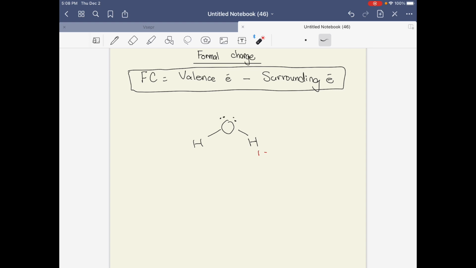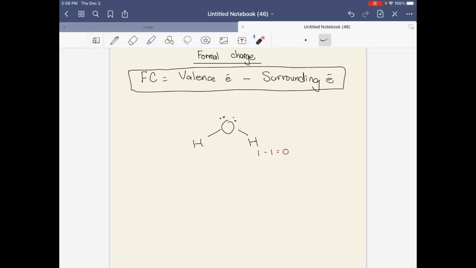But for formal charge analysis, we're going to count these bonds as one. So hydrogen is surrounded by this one electron right here. So this is going to be 1 minus 1, and that equals 0. So what that means is that this H has a charge of 0. In this case, it has no charge.